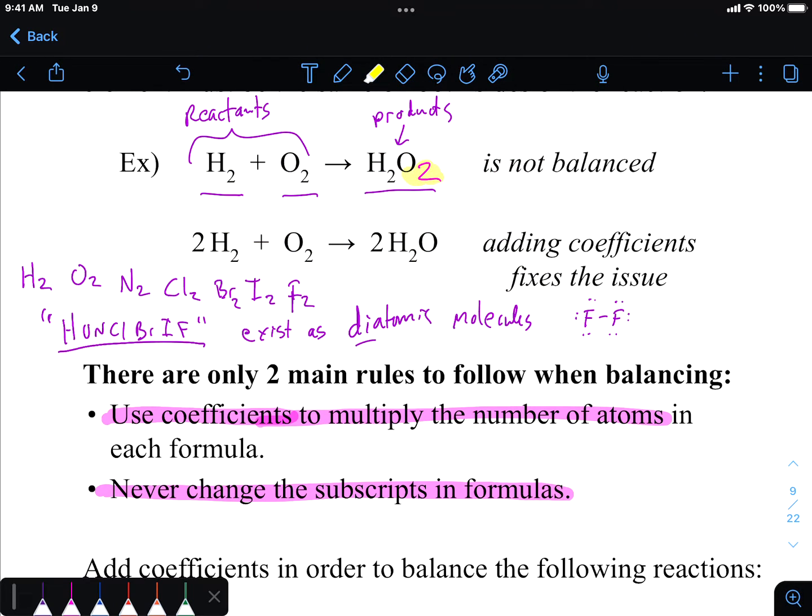I can't just stick a 2 onto a formula. I cannot change a number in a formula because that changes what substance we are representing. You can't magically turn a compound into something else. So you will never change subscripts. You will only change the coefficients in front of formulas.